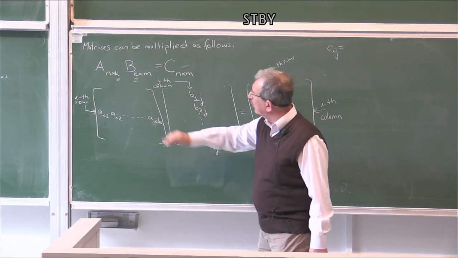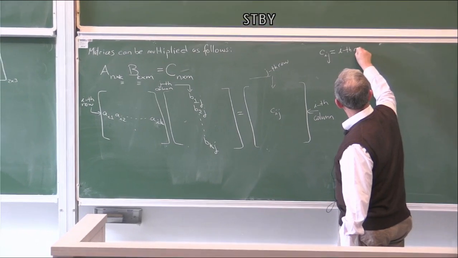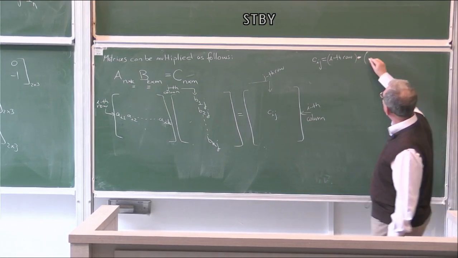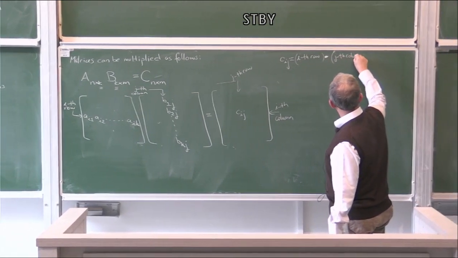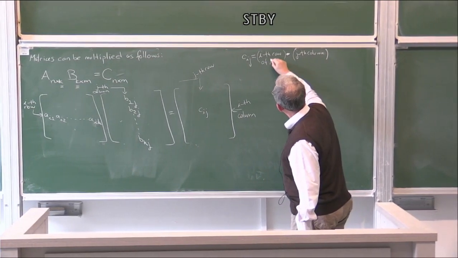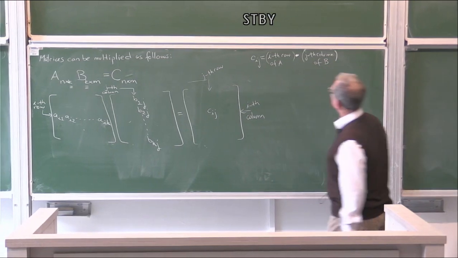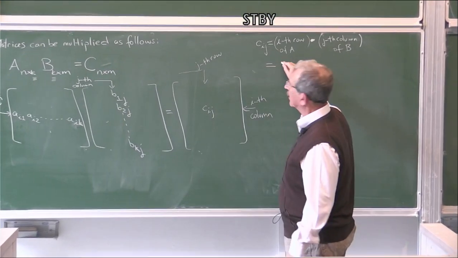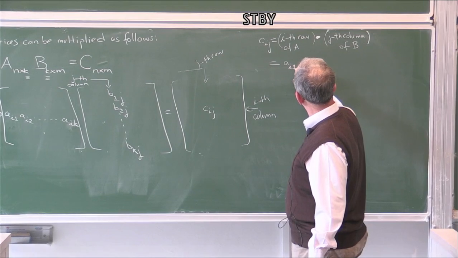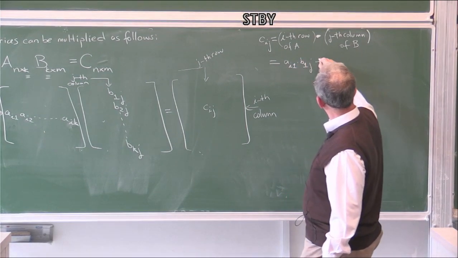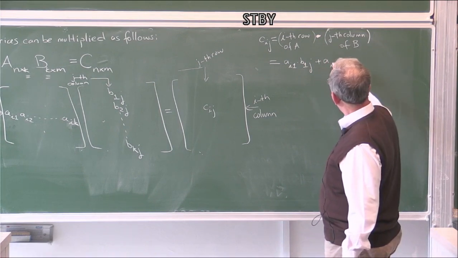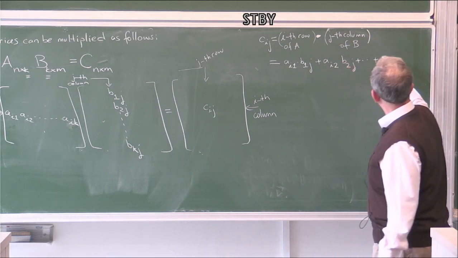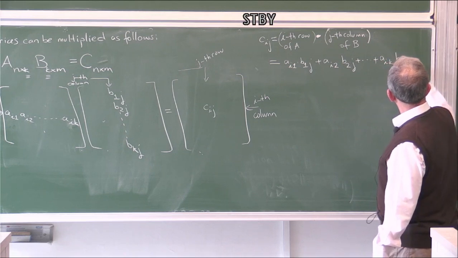It is the ith row dot product the jth column, of course of A, and this is of B, which happens to be, just take the dot product, Ai1 B1j plus Ai2 B2j, and you continue up to the kth one, Aik Bkj.